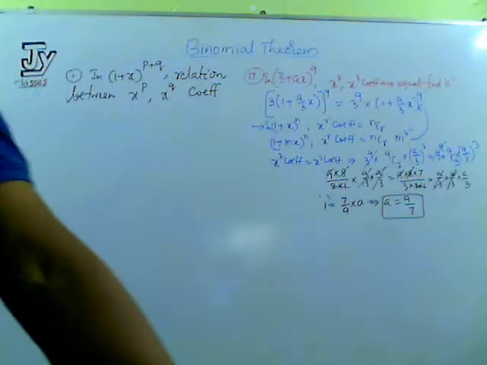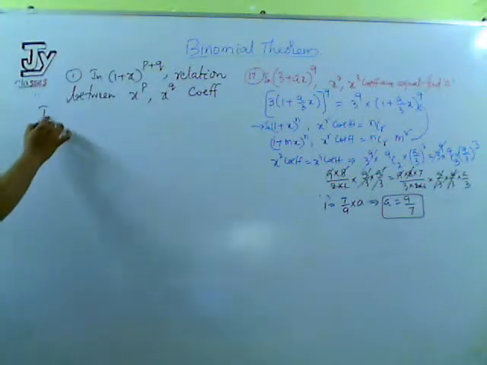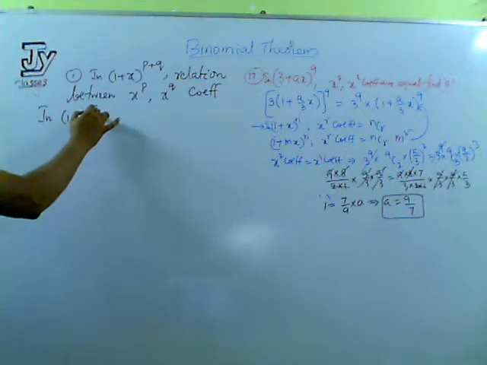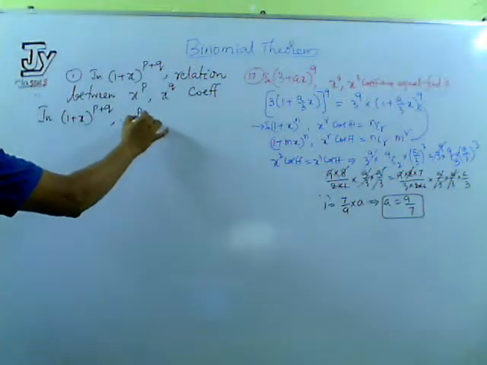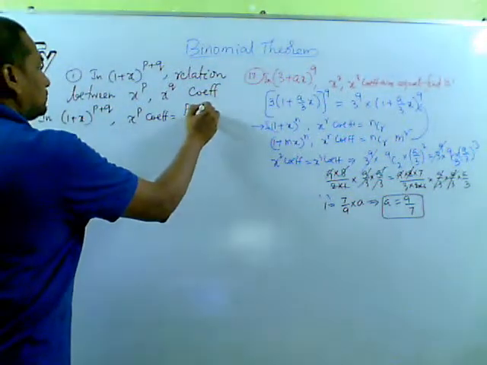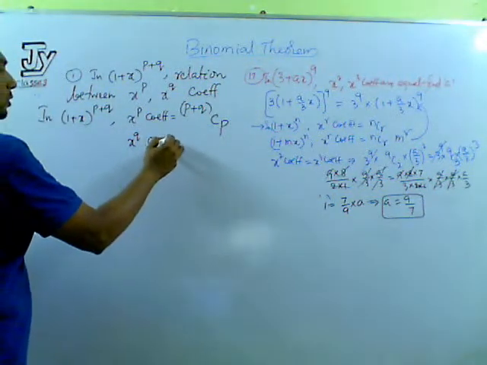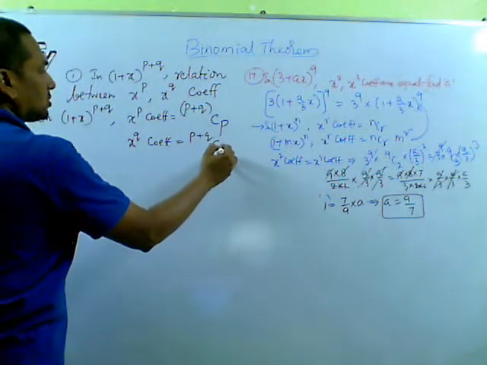The x power p coefficient is p plus q C p. The x power q coefficient is p plus q C q.